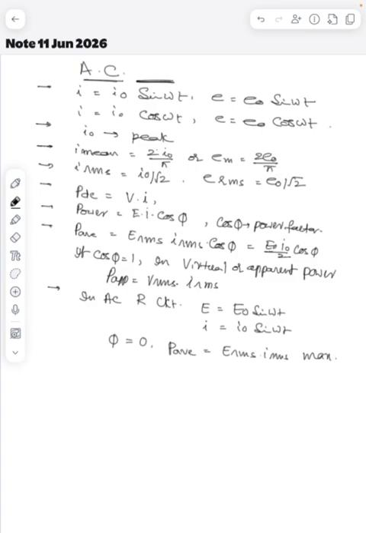Power loss is maximum in an AC R circuit.